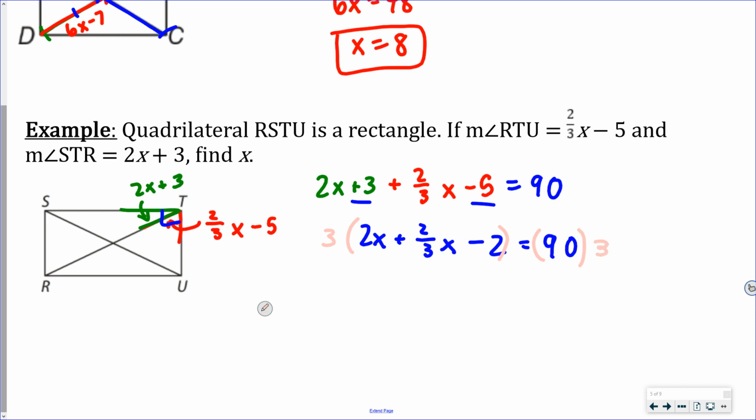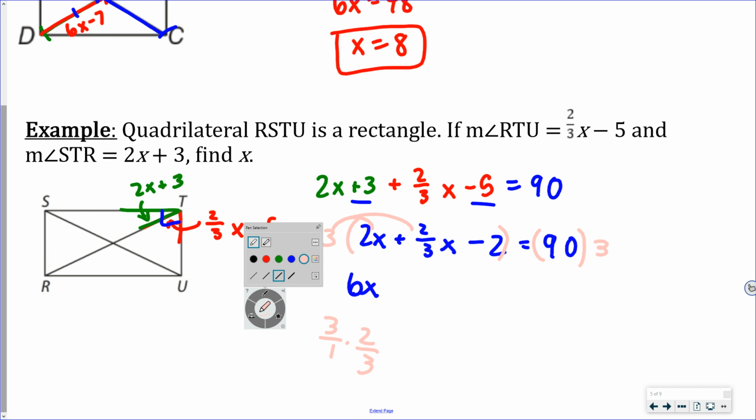Watch what happens. 3 times 2x is 6x. 3 times 2/3 is 2. Or cancel these out. We get 2x. 3 times the -2 is -6. 3 times 90 is 270.